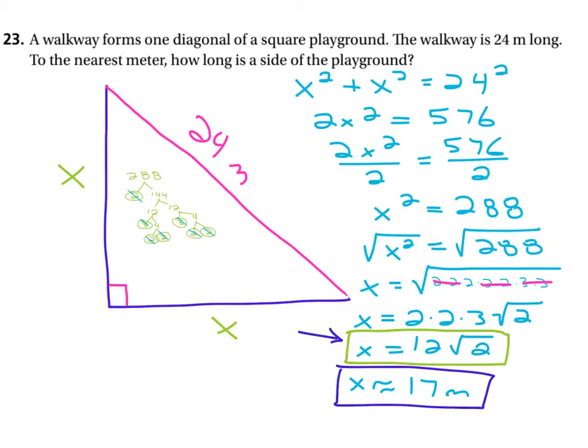So this answer that's boxed out in green isn't really sufficient for us to understand what is that to the nearest meter. So that's the perfect way of doing it. But really up here at this point when it says x squared is 288, all you have to do is say then x is whatever the square root of 288 is rounded to the nearest whole number meter.